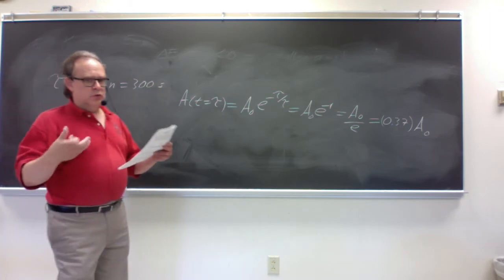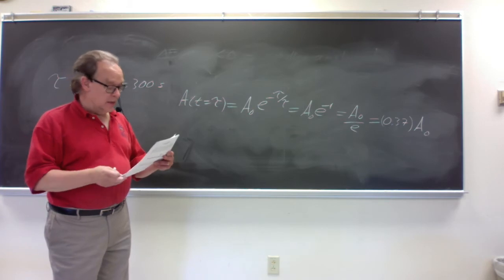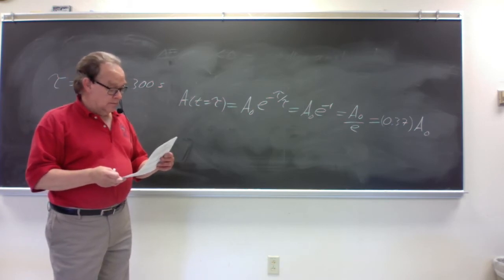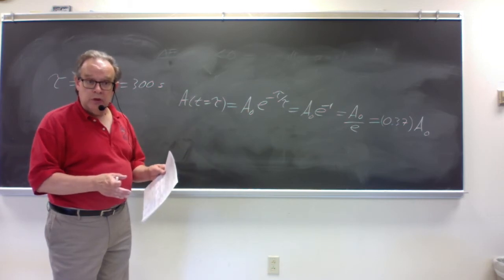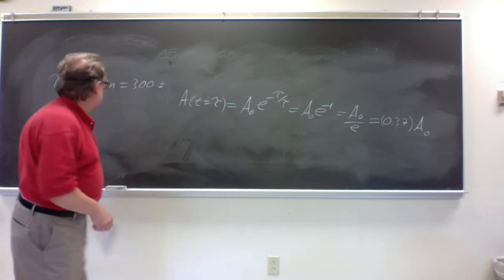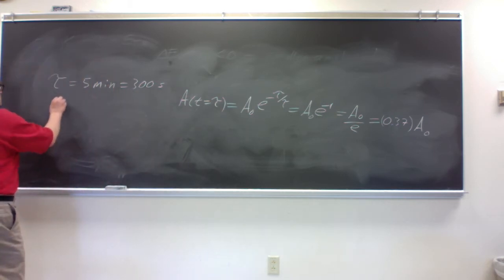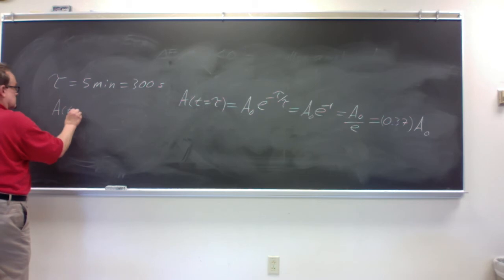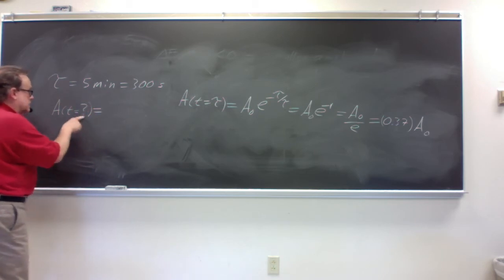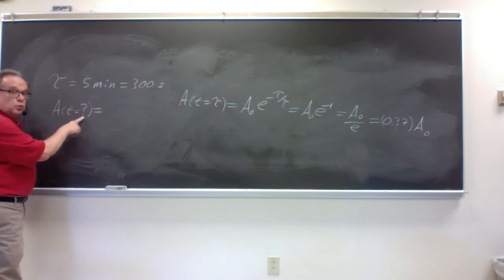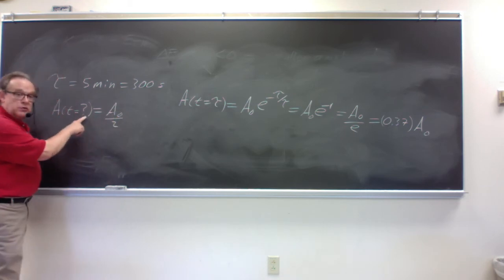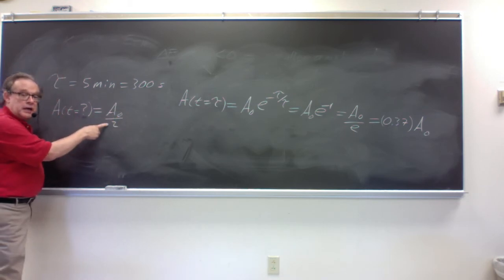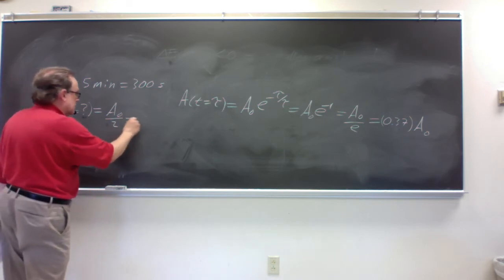And we'd like to figure out how long it takes for the amplitude to decay to 1/2 of its original size. It takes some amount of time that we're trying to figure out. After this amount of time, the amplitude is 1/2 of what it had been at the start.